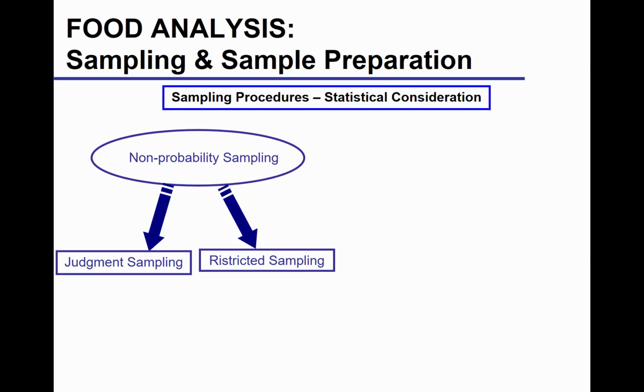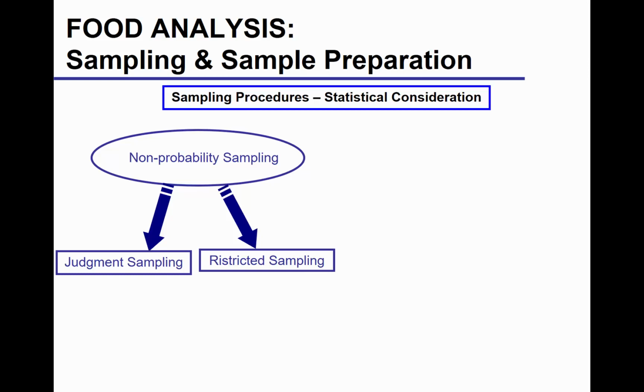Okay, so now let's talk about sampling procedure. Once you determined where you're going to get the sample, how many samples, then you will have 2 types of procedures, either non-probability, not based on statistics, or probability sampling. Non-probability is not often done, only when you have certain situations.